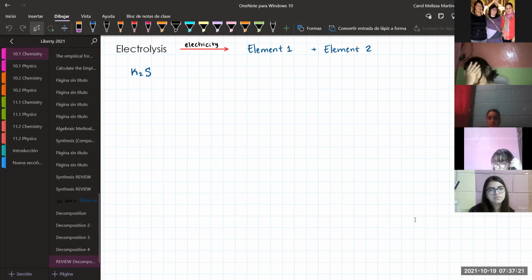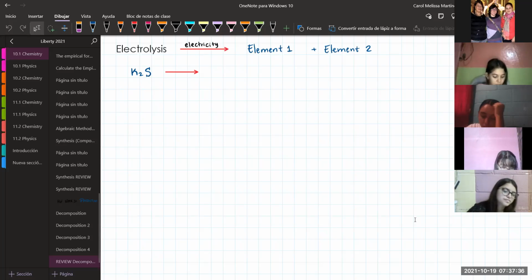So, for example, if I have potassium sulfide, that's a salt. It is a salt because I have a metal and a non-metal combined. This is going to break down into the individual elements. The first element is potassium, plus the second element, sulfur. Question, is sulfur diatomic?